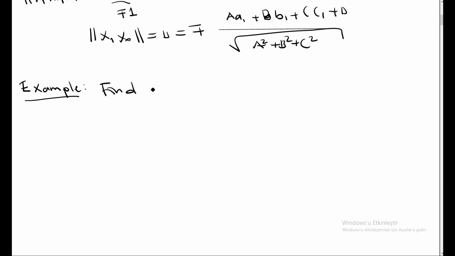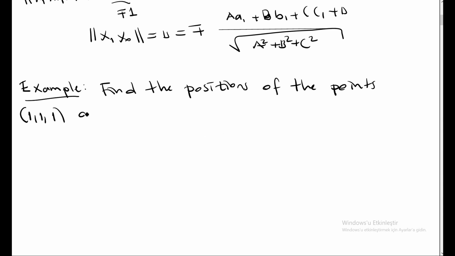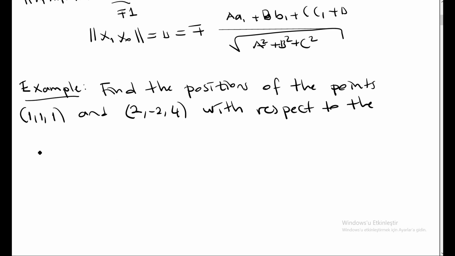Find the positions of the points 1, 1, 1 and 2, negative 2, 4 with respect to the plane x minus y plus 2 times z minus 7 equals 0.